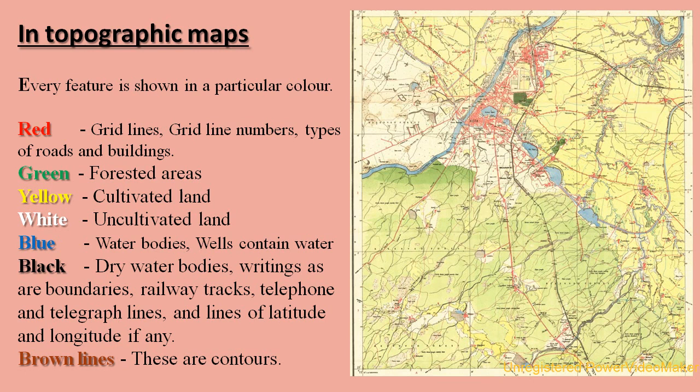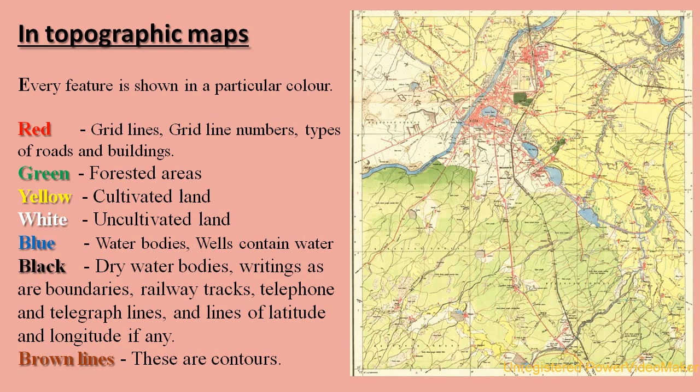So brown lines are used to show contours. In this map contours are not mentioned, but in some maps you will find contours which are used to show the height difference. The same height level area above the sea level is shown with the help of contours.